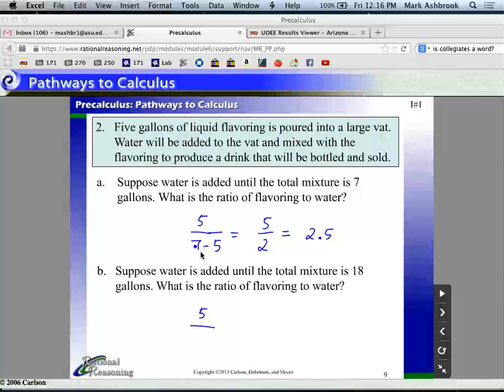No, we don't have a total of 7 anymore. So we have the 18 minus the 5 of the flavoring, so it's 5 over 13. Again, that ratio means how many times more flavoring than water we have.